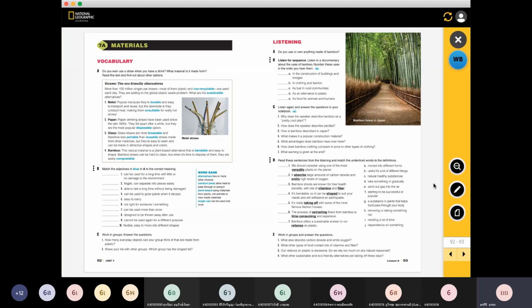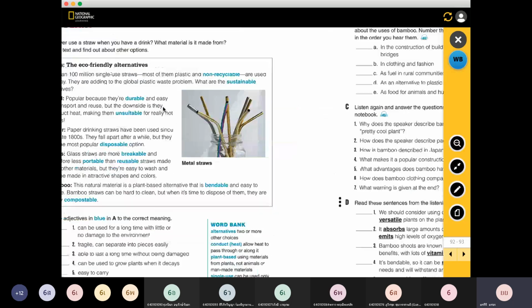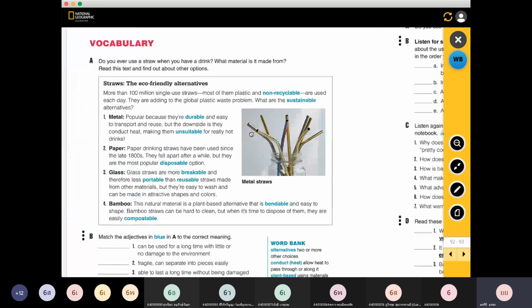Okay, thank you very much for sharing your ideas. You can see that many things that you use are alternatives. They are things that you can choose, right?